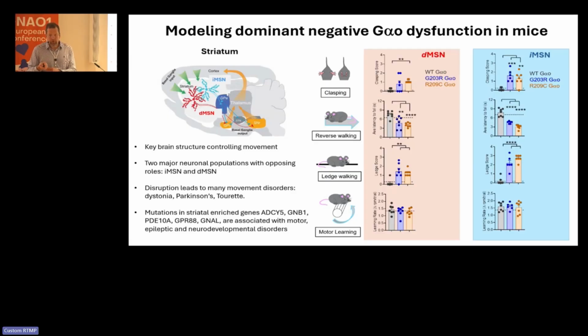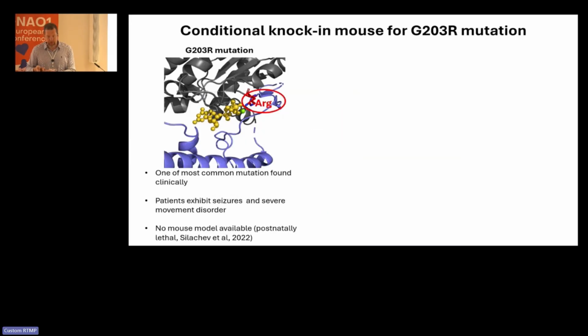A few years ago, we demonstrated that viral expression of different isoforms of GO pathological variants recapitulates some of the movement disorders in mouse models. Both the dystonic-like phenotypes, such as clasping, but also the severe movement manifestations, such as the ability to learn movement tasks and coordinate balance. So the striatum is the relevant region in considering this disorder.